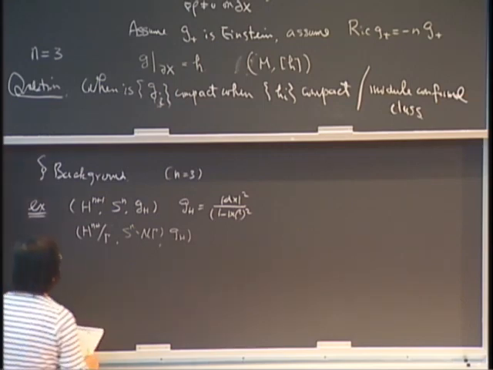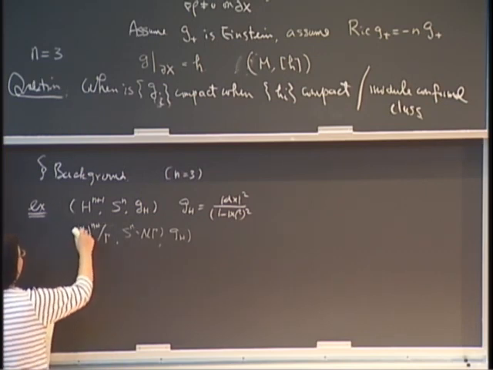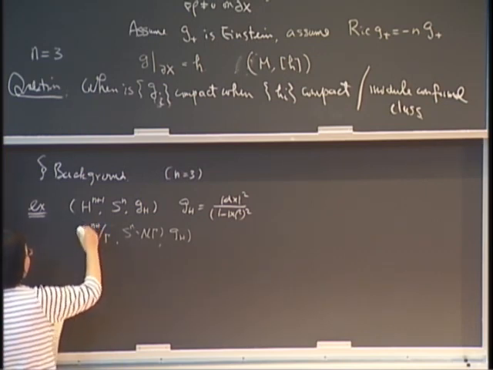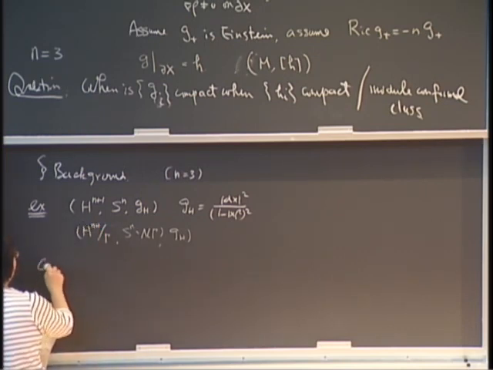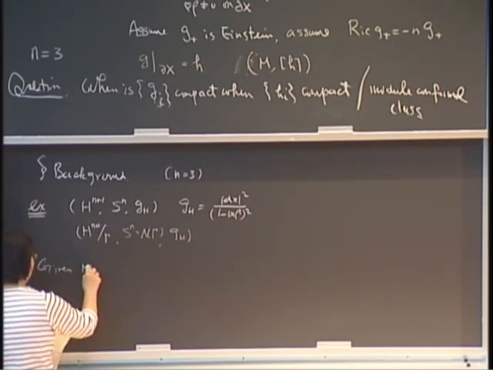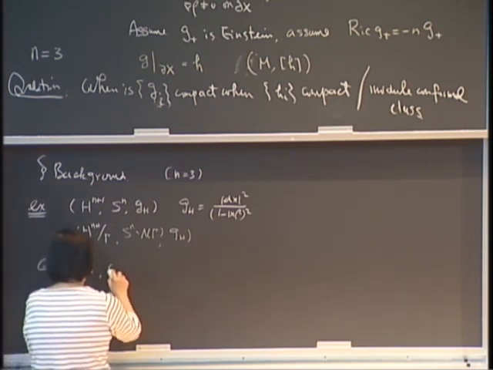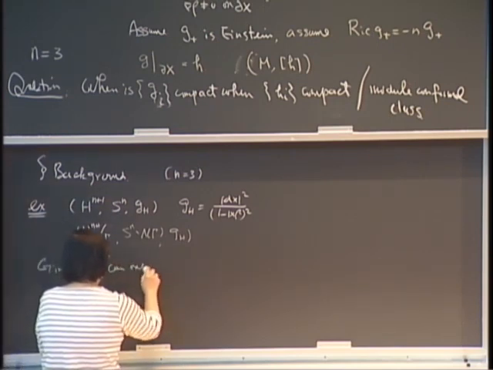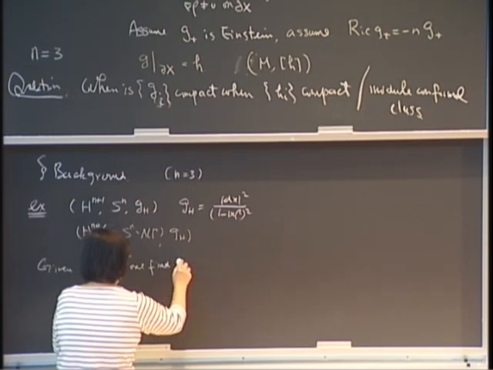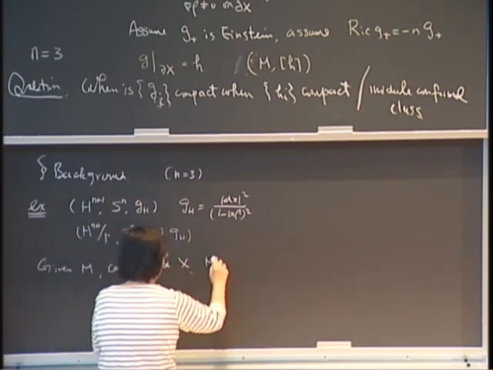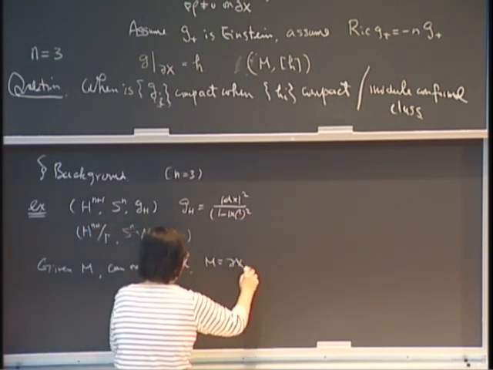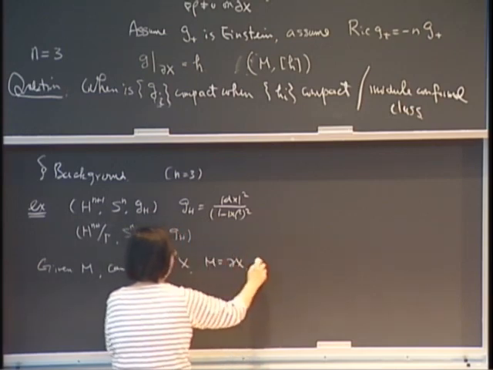Okay. And the question actually is, given a metric M on a manifold Mn, when can you fill it in by a CCE manifold? Does there exist an X such that M is the conformal infinity of a CCE manifold?